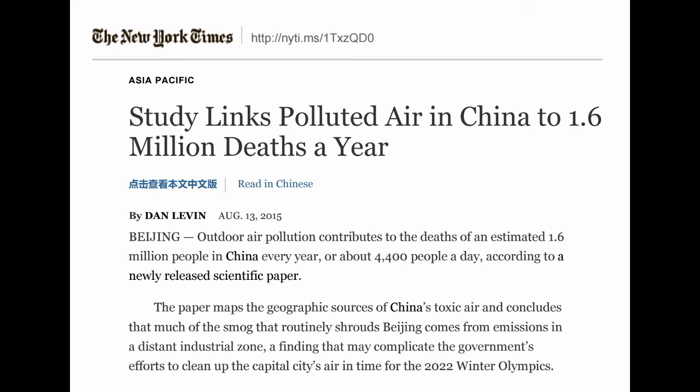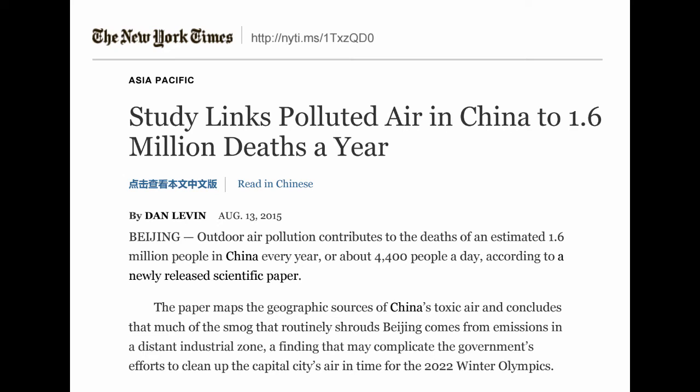And this was the New York Times headline, but then if you read that first line, about 1.6 million people in China every year, or about 4,400 people a day, according to a newly released scientific paper. That 4,400 people a day is what became the headline almost everywhere else.